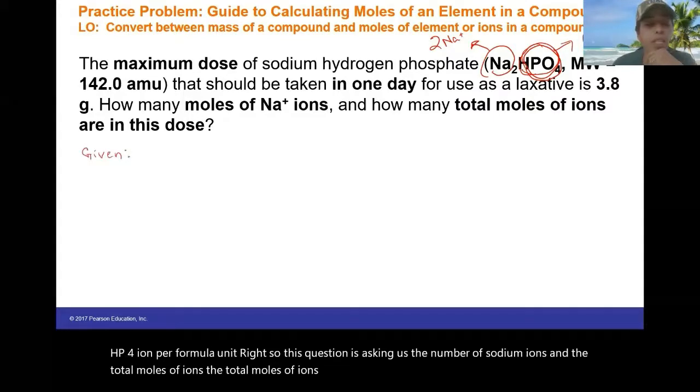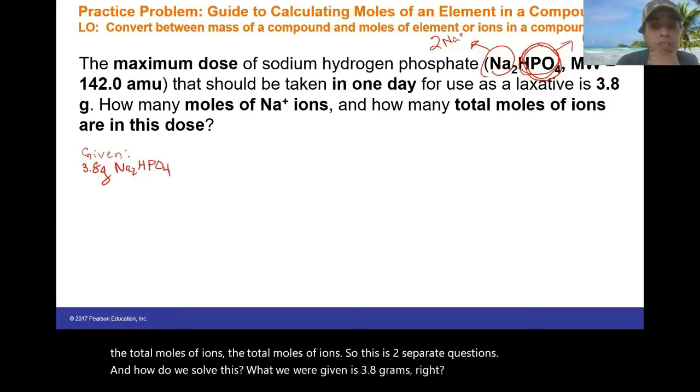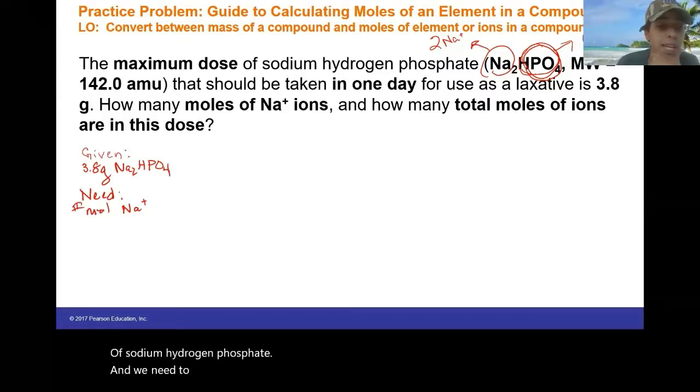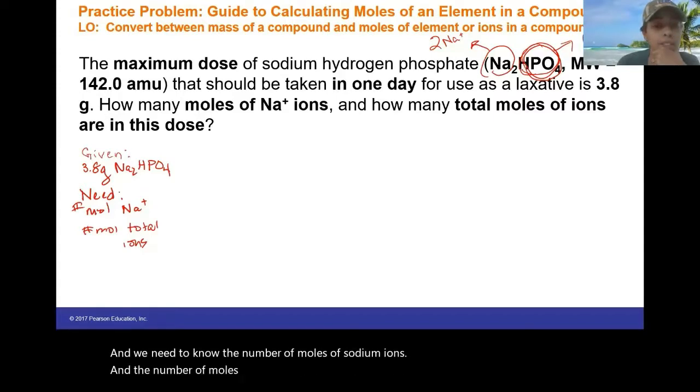And how do we solve this? What we were given is 3.8 grams of sodium hydrogen phosphate, and we need the number of moles of sodium ions and the number of moles of total ions.